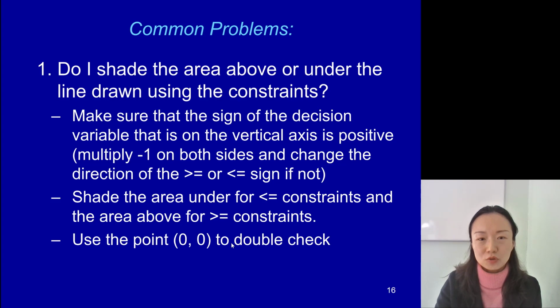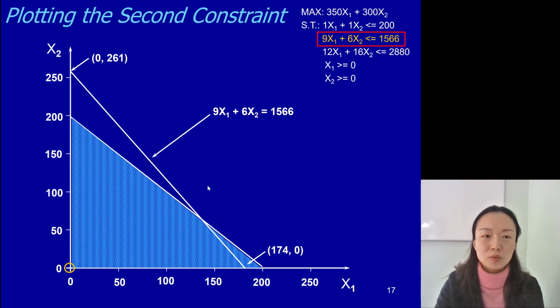Okay, I'll illustrate what I mean here. For example, when we plot those constraints, you see my x2, which is on the vertical axis, they all have positive signs. So for those 3 constraints that are less than or equal to, we shaded the area under that line. And we can use the (0,0) point just to double check. Take this second constraint for example.